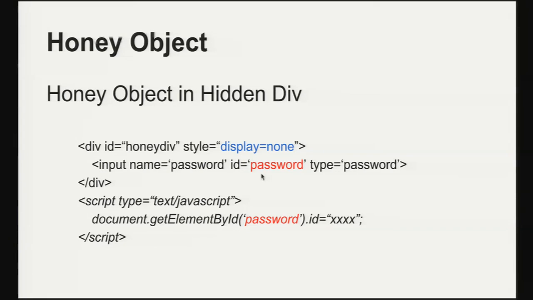That's why we have another script behind the honey object, which just changes the ID of the password. So that's one way to bypass the ID conflict issue.